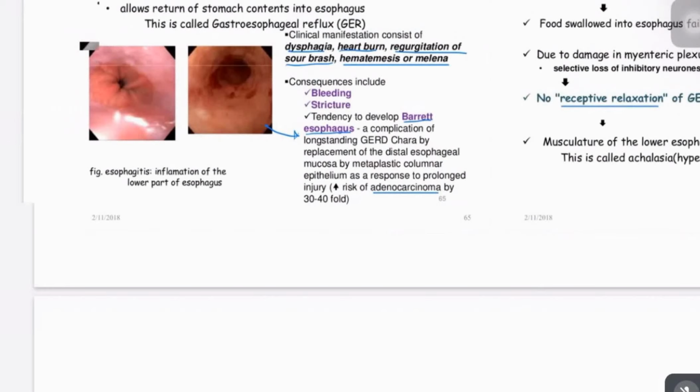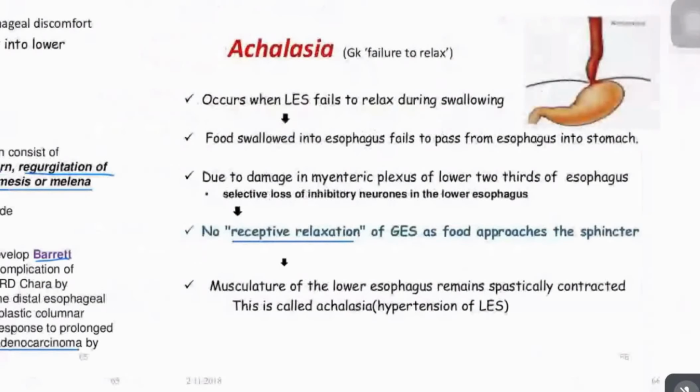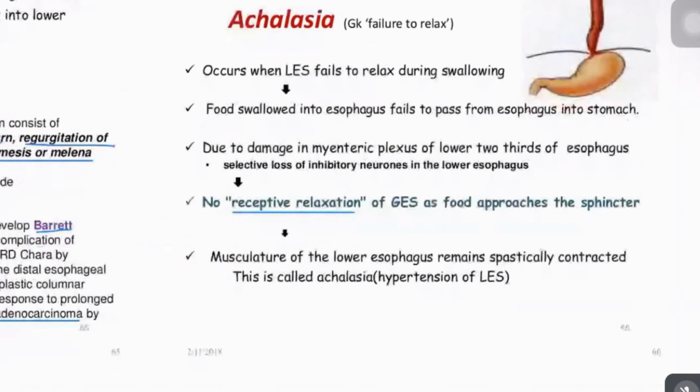Achalasia. It's the failure to relax. Okay. Your LES fails to relax during your swallowing. Thereby, the food swallowed into your esophagus fails to pass into the stomach.